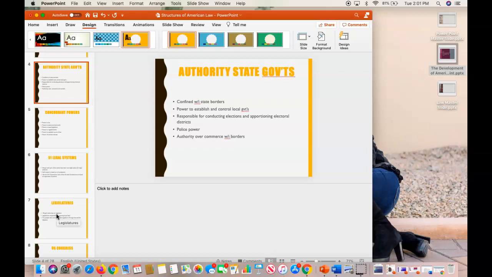The authority of state governments is confined within state borders. They have the power to establish and control local governments, like cities and counties, conduct elections and apportion electoral districts, control commerce within their borders, and the police power, the power to make and enforce laws in favor of the public health, safety, and welfare.